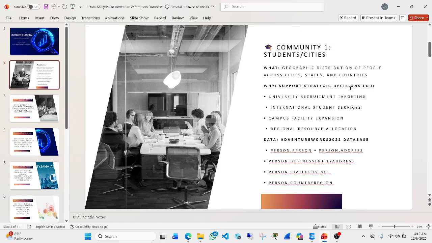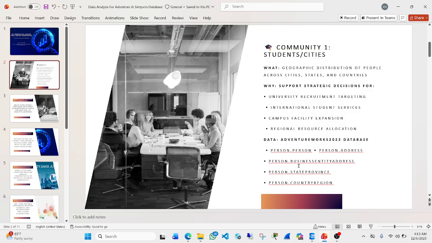It can also help international student service coordinators manage support for global students, and it can also help campus expansion planners know where they want to build new facilities. A person who wants to build new facilities for students can easily know where to locate from the data. Also, we have regional administrators, which can also help to know how to allocate resources.